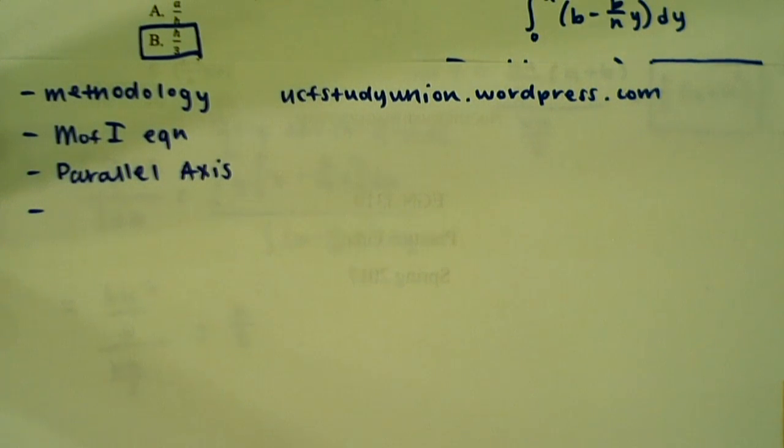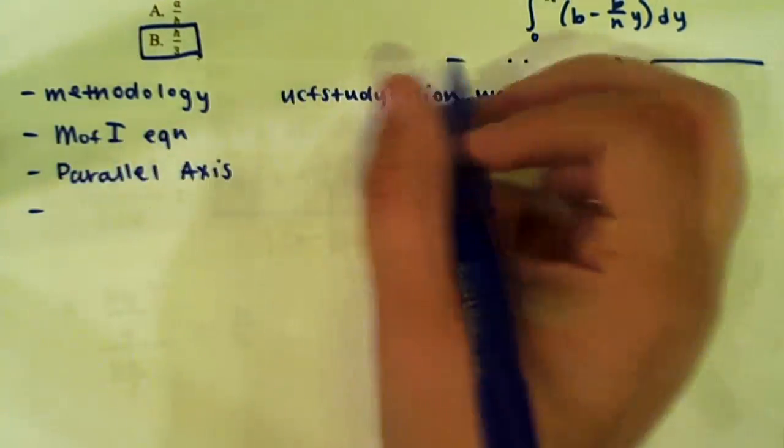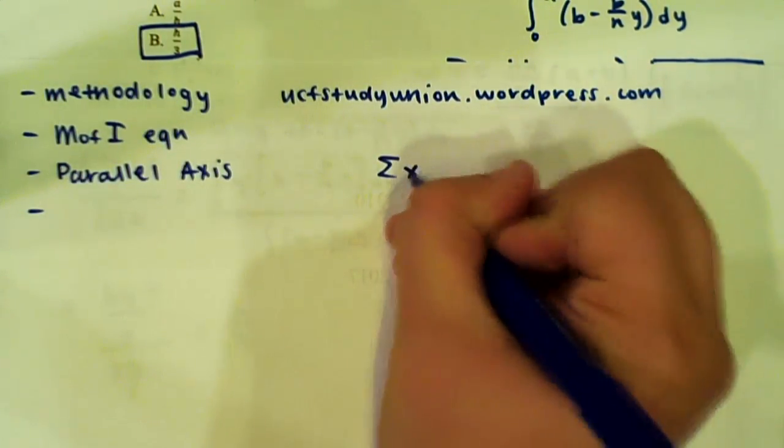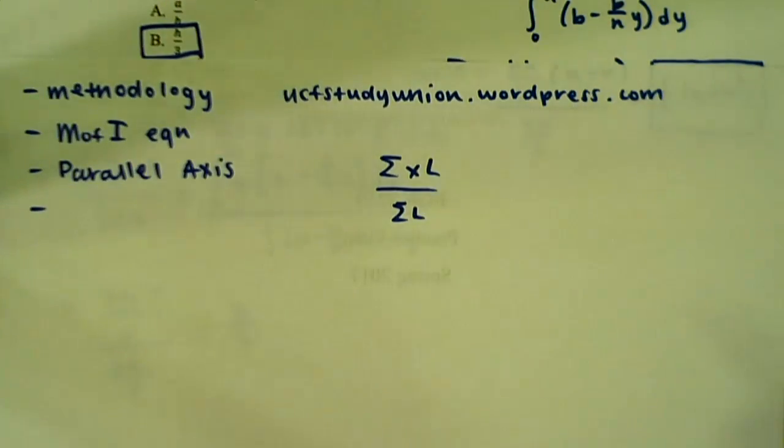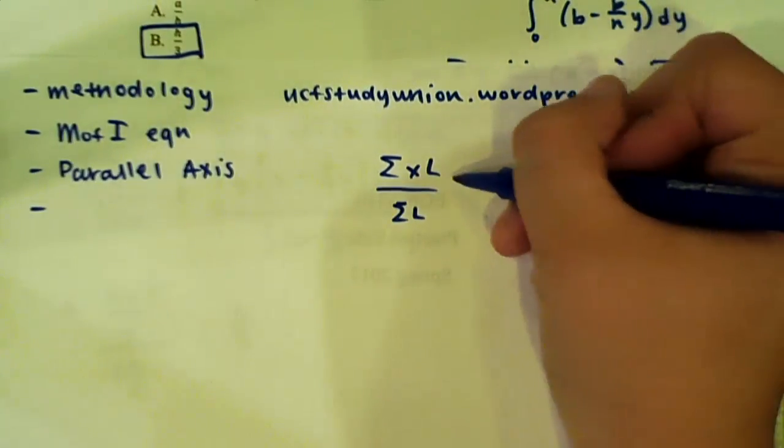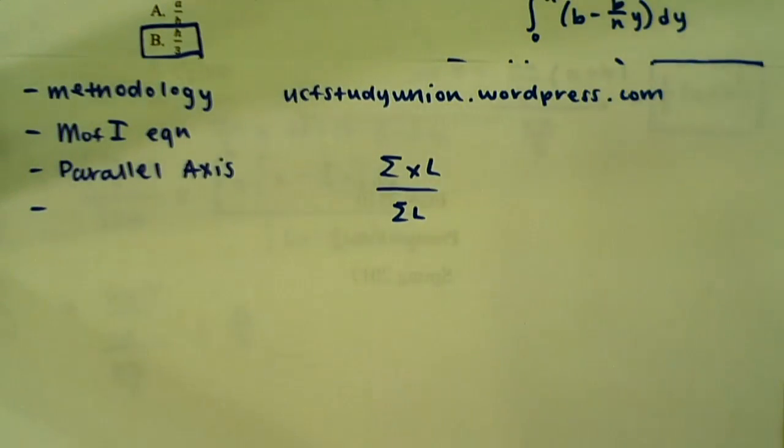It might be a triangle. I know he had a problem in the homework where it said that it was a wire, so you had to use the sum of xL over the sum of the L. That's a really interesting problem. That might be good practice. Problems that make you use the sum of the whatever, where you have to use a chart.